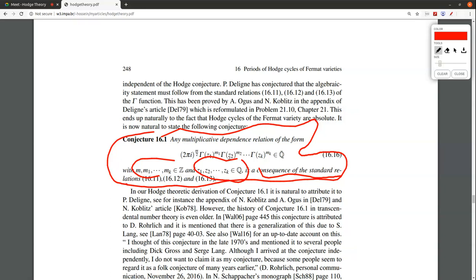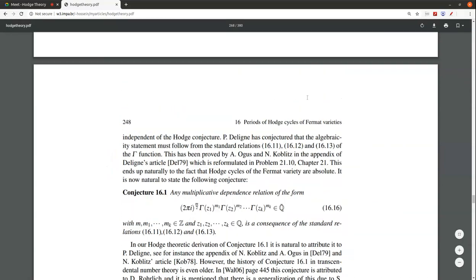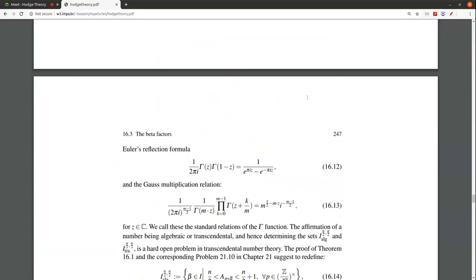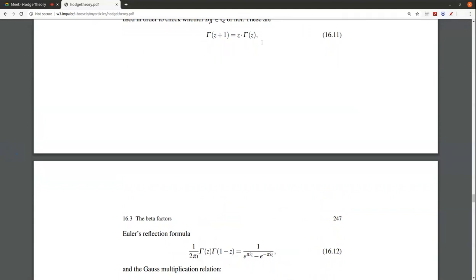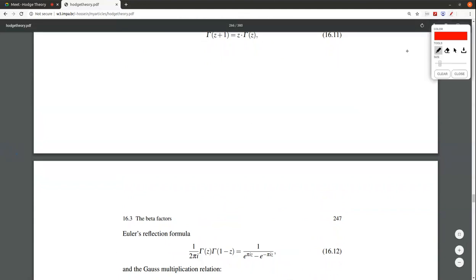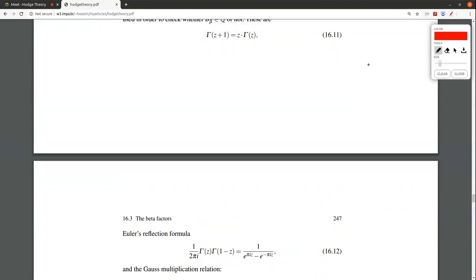So whatever relation like this you see here, the conjecture says that it must be possible to derive it from this one, this one, and the Gauss relation.